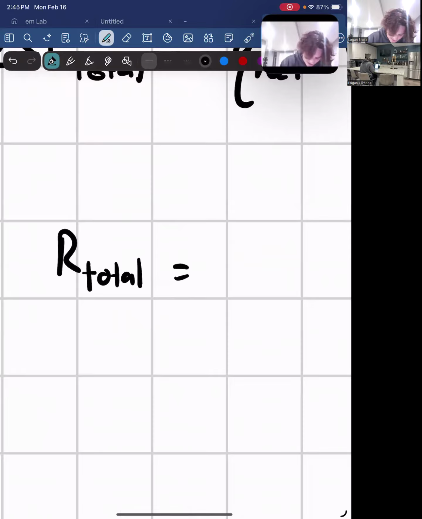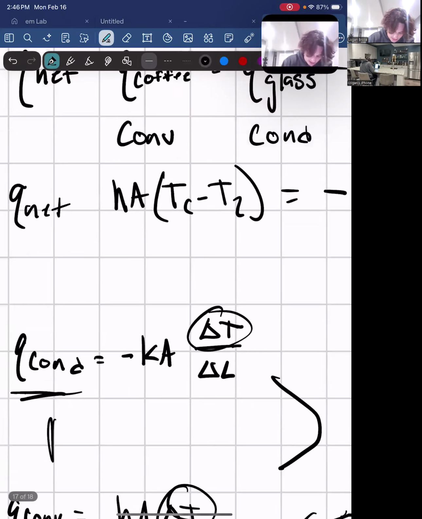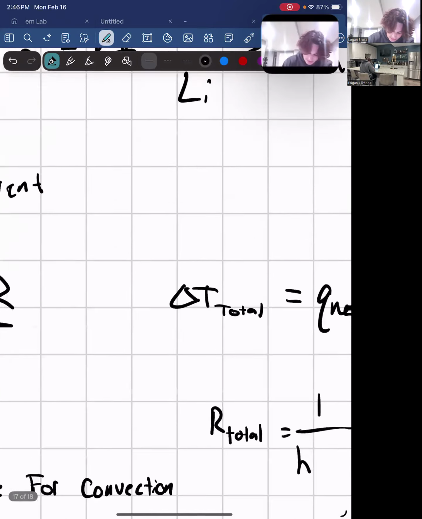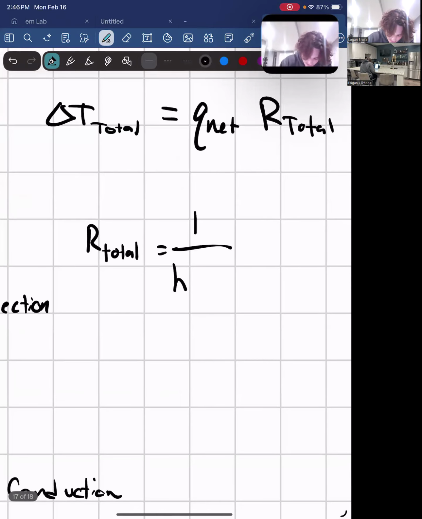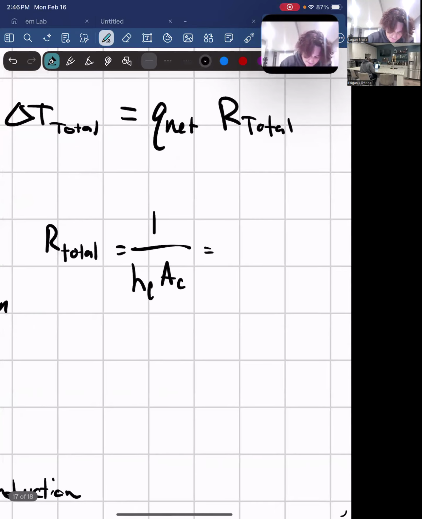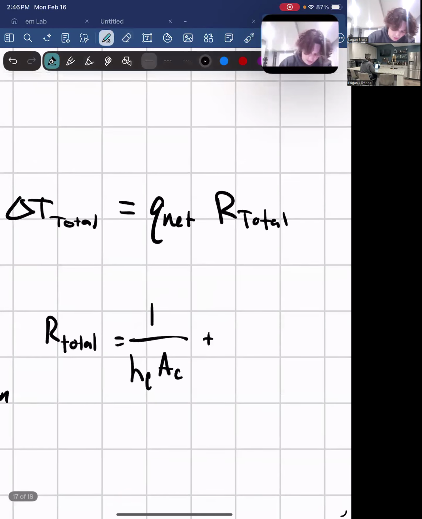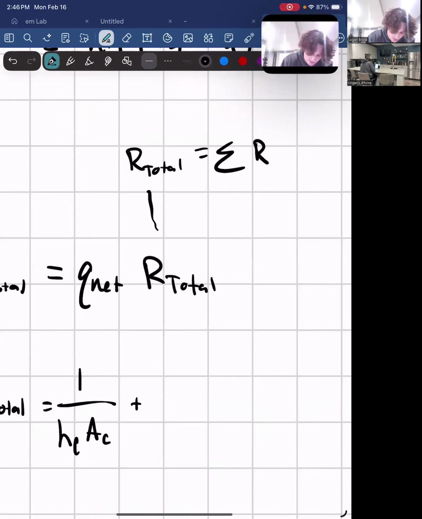Right, our convection, which is 1 over, the first one was coffee. So it's the thermal, our hC times our area of our coffee. And then it is, right, our total is just the sum of our individual R's.